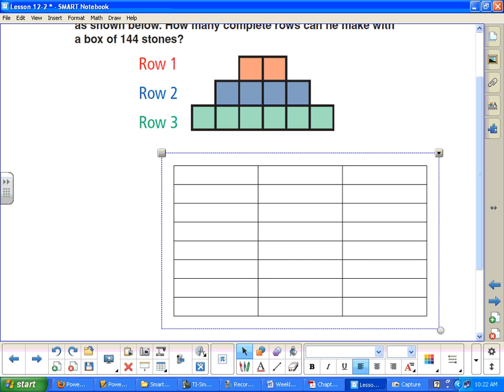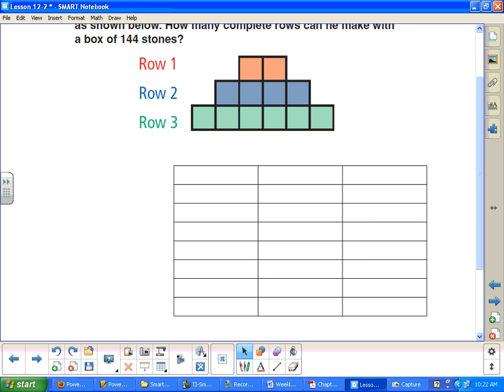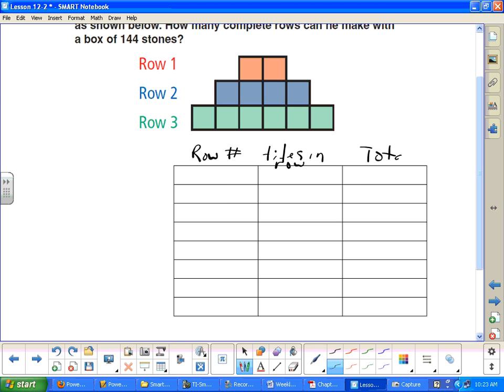So my first column is going to be the row number. Okay. And this is tiles in the row. All right, and this will be total tiles.